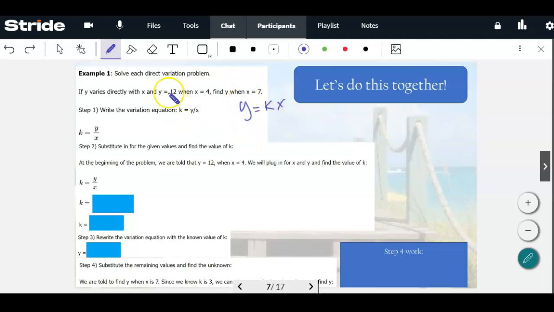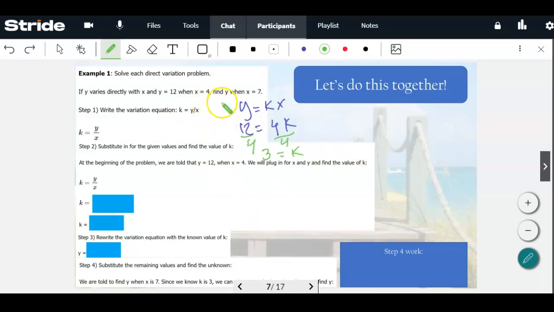We're going to substitute in the y value, 12, and the x value, 4. So it's 12 equals 4k. To find k, you divide by 4, and 12 divided by 4 is 3. So k, our constant of proportionality, is 3.